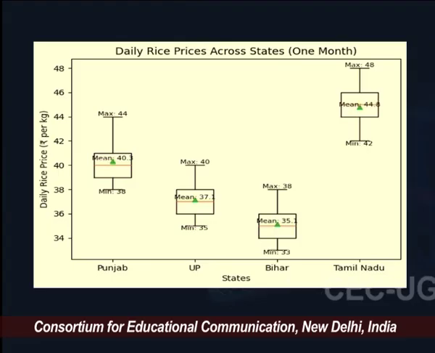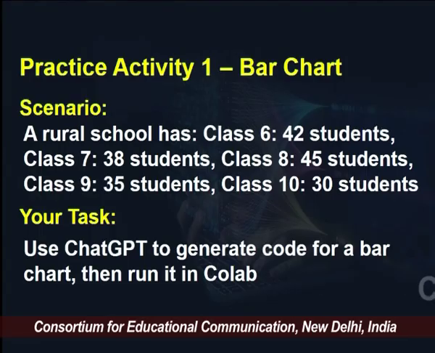Similarly for Punjab. However, you would see for Tamil Nadu it's quite equal. So in 50% of cases the prices are greater than the median, and the rest are lower. So a box plot is useful not only for a particular variable analysis but also for doing multiple variable analysis.